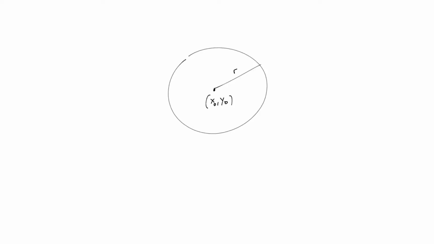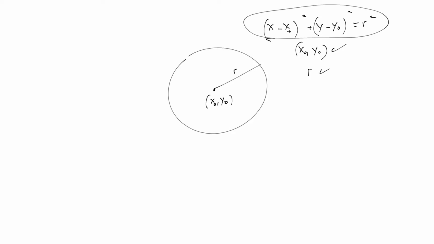Because, well, there are two reasons. One is the formula for the equation of a circle relies on x0, y0, and relies on r, the radius. In other words, if I know my center and I know my radius, I can control this relation. I can do anything I want to do with this circle.